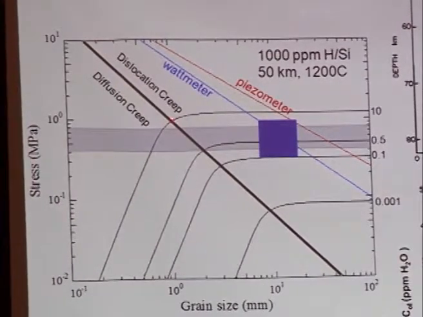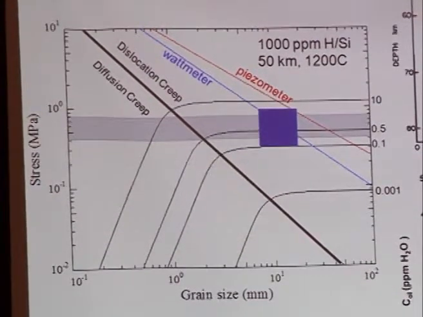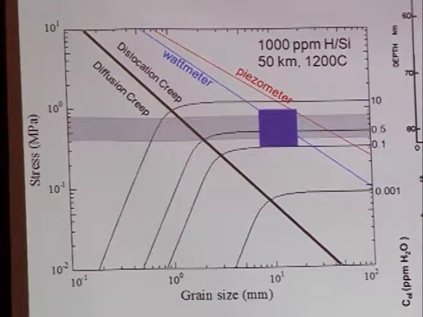That's because the total strain rate is the sum of the two. So at this point right here, this is a strain rate of 10 microstrains per year. So 10 to the minus 6 divided by 3 times 10 to the 7 is almost 10 to the minus 14 per second or something like that. I don't know if I did that math right, but it's something like that.